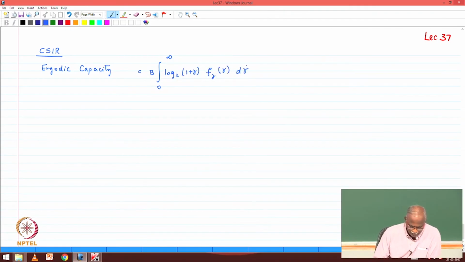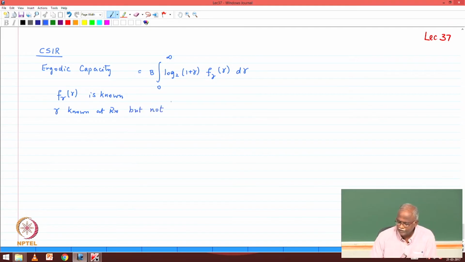That's our basic equation. f_gamma(gamma) is known to the transmitter and receiver. The instantaneous value of gamma is known at the receiver, but not at the transmitter, because you did not feed back this information.